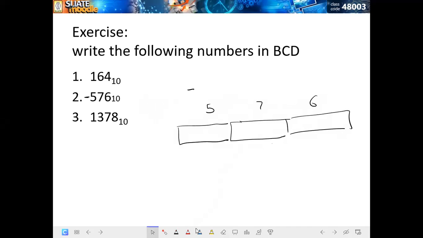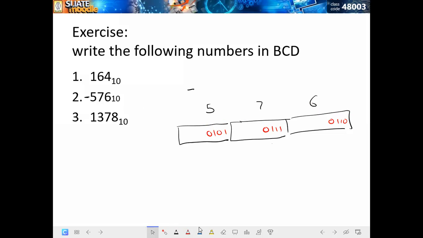Then first we are going to write the value. Value is written at the right side of each block. So this one is 0, 1, 1, 0. That's 6. The 7 is 0, 1, 1, 1. 5 is 0, 1, 0, 1.